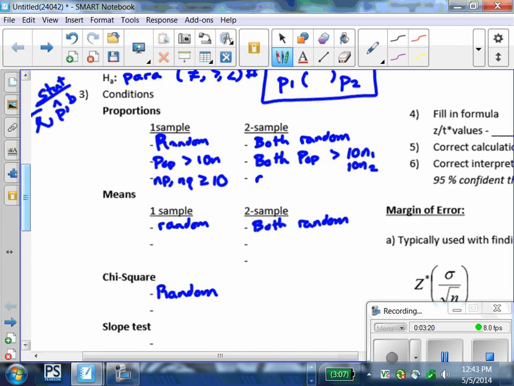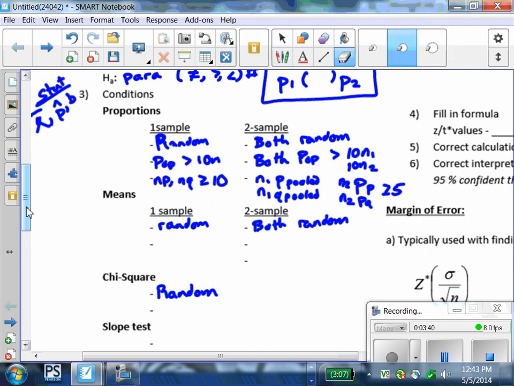And here you just have to break it down: n1 times p pooled, and then n1 times q pooled, and then also n2 times p pooled, and n2 times q pooled. All those have to be greater than or equal to 5. I know it's kind of hard to read those, but again, those are for my pooled values.